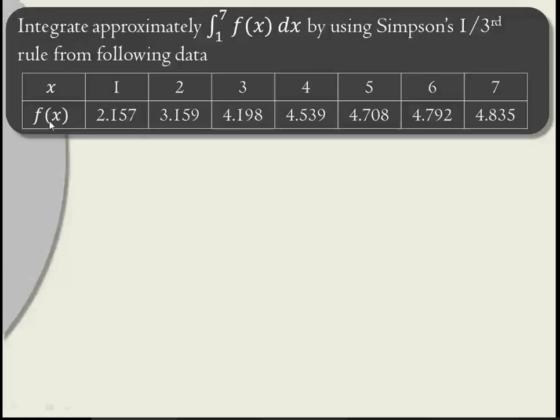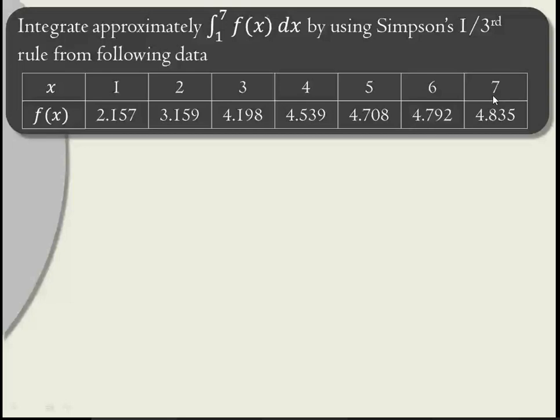The values of x and the values of f of x, that is y, are given in the table. We just have to use Simpson's formula and then simplify. The first term is x0, x1, x2, x3, x4, x5, and this is x6. So n is 6. The total number of terms minus 1 is n, because the first term starts with 0.